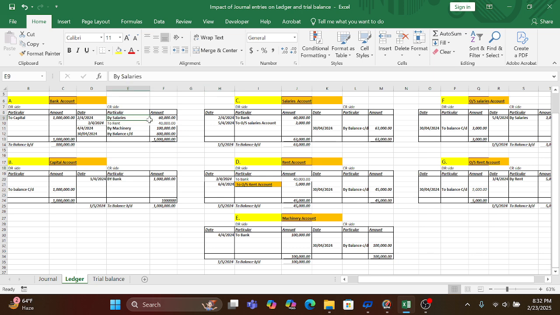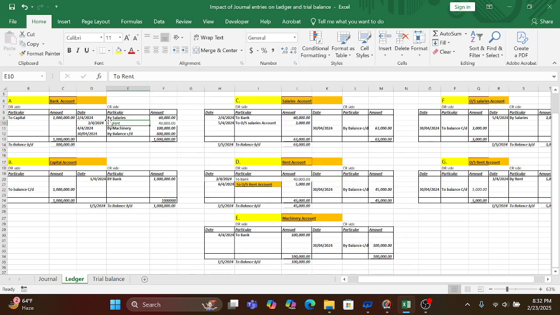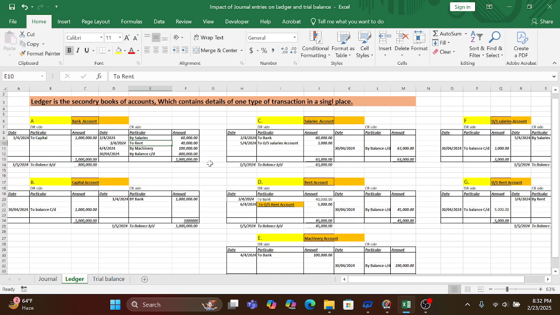If you see here, so guys, every entry has two sides, that are debit and credit side, and for every transaction we have to post two side balance.